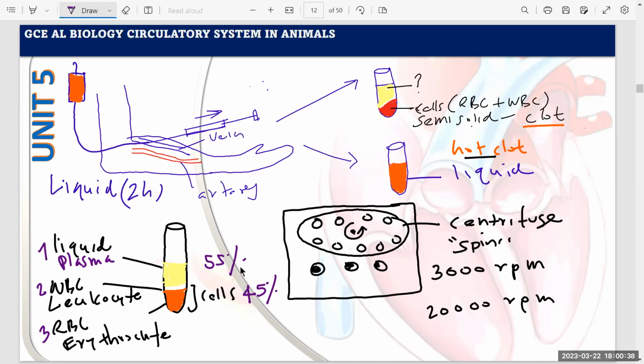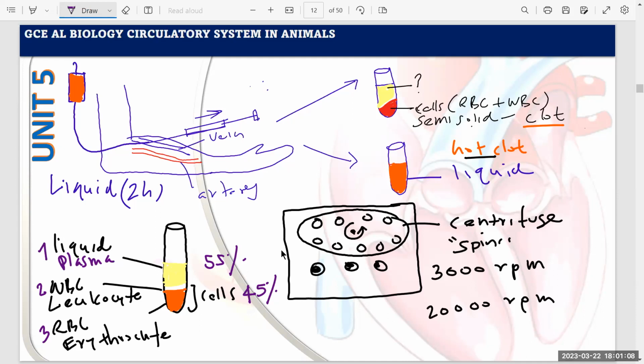But these values are changing, so I'm taking the average values, but that can be changed. 45% cells, 55% plasma. Right. Now we understand the main components of the blood. The liquid portion is called plasma. Cells, 2 types, leukocytes and erythrocytes, white blood cells and red blood cells.